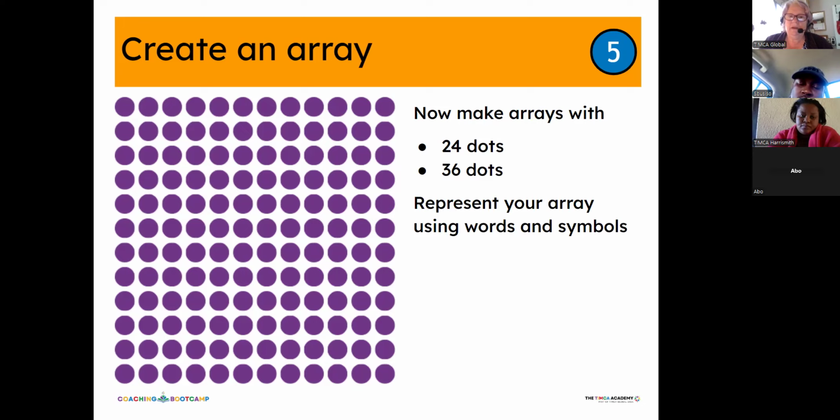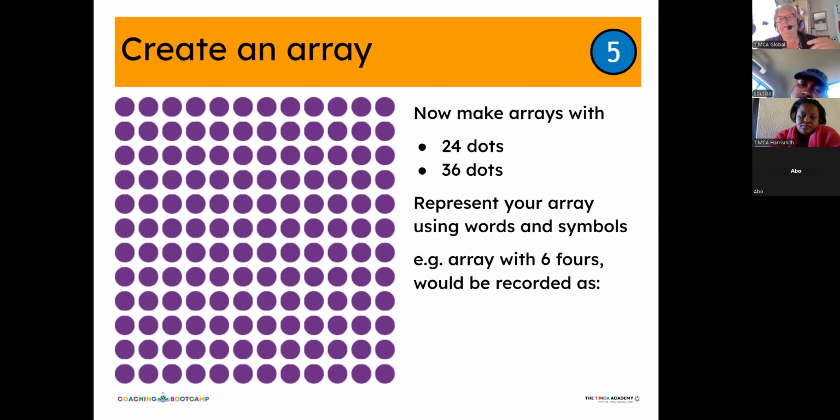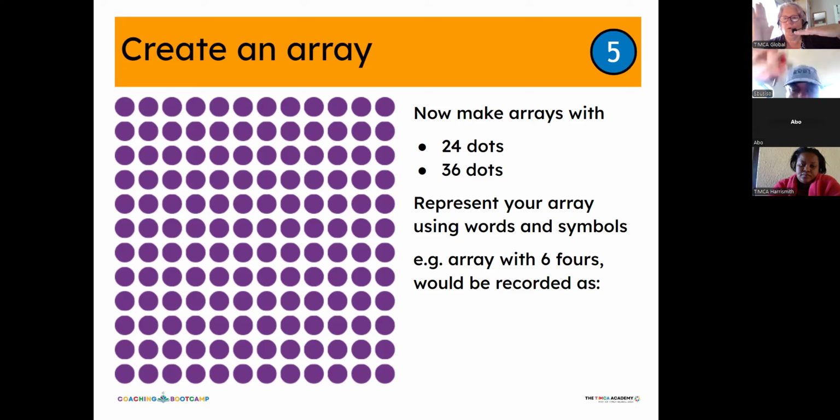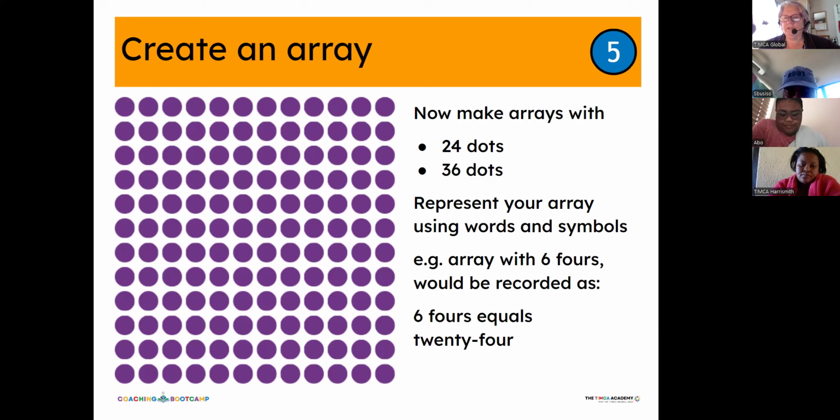And then we can push this a little bit further. Because now children are going to make lots of different types of ones, we want to represent your array using words and symbols. So what do I mean by that? For example, if you'd made an array with 6 rows of 4, you could record this as 6 4s equals 24.